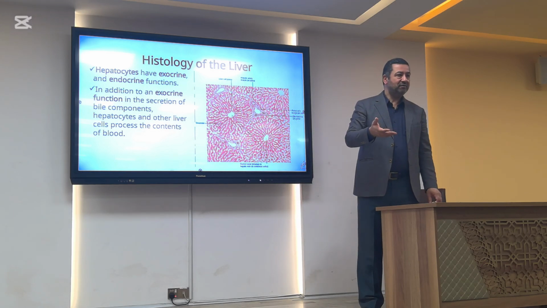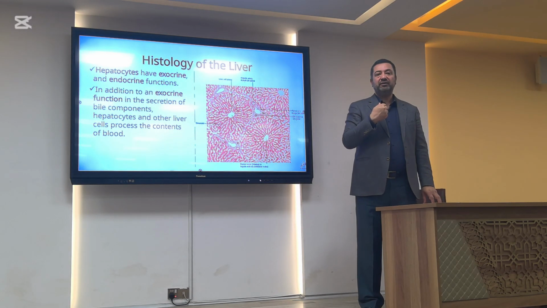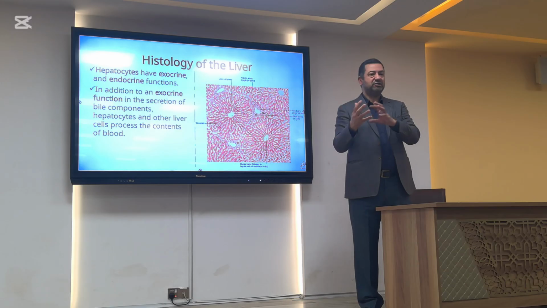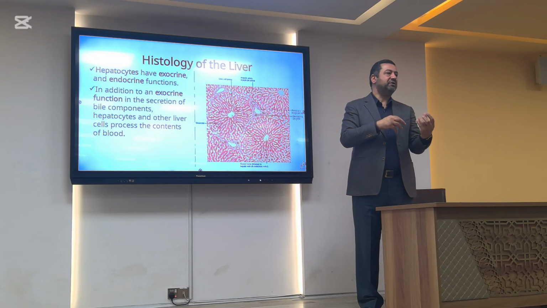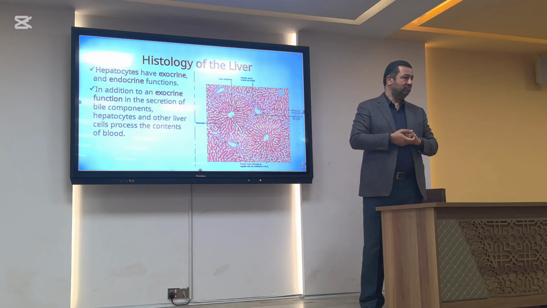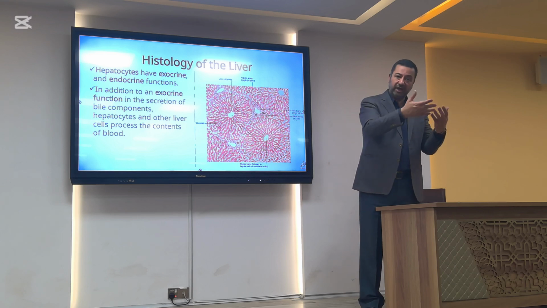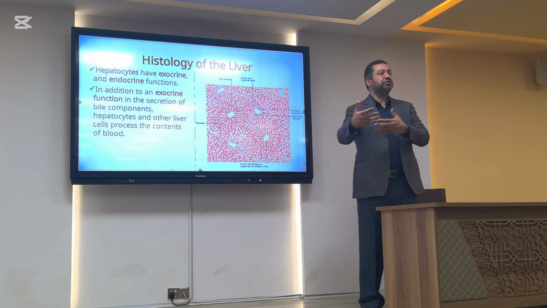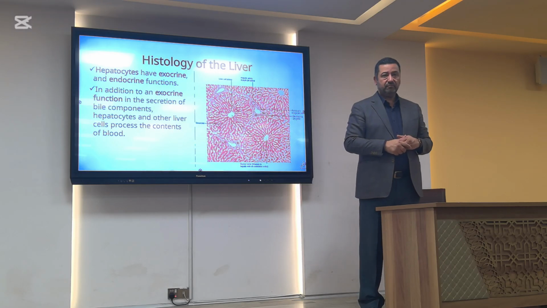Receives, for example, glucose from the blood and makes glycogen, stores glycogen, and then glycogen becomes glucose and is sent to the blood again. This is endocrine function, releasing something into the blood. And bile production, bile secretion, is exocrine function. Okay?